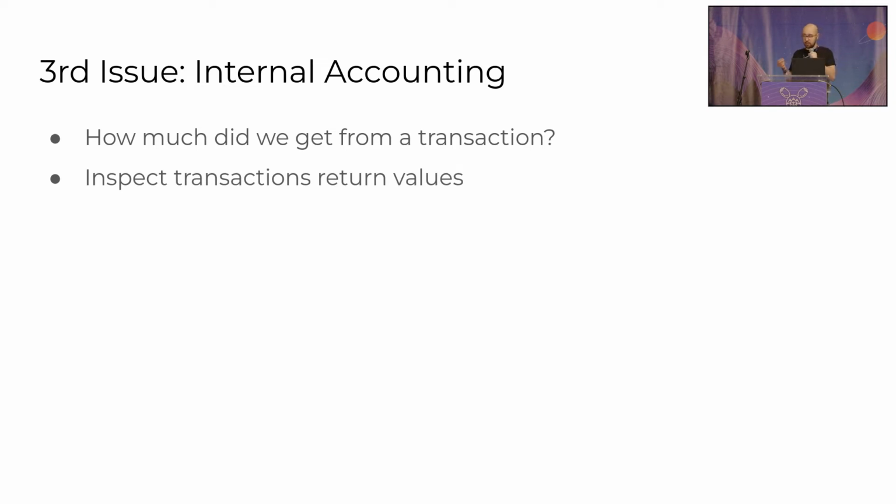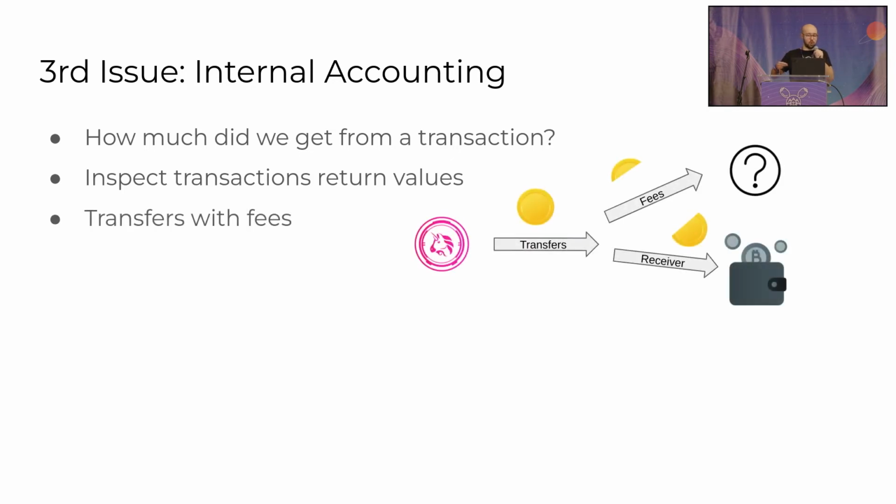So it is really tempting, and we've seen this many times, that people use the API that the external protocols expose wrongly. For example, it is quite tempting to use the return values that a function call returns to do this internal accounting. And just to give you a more concrete example, imagine that we want to interact with Uniswap, and we want to call swap exact tokens, for example.